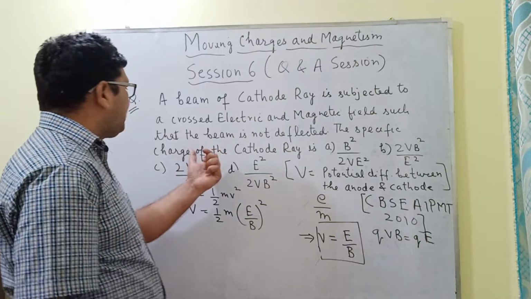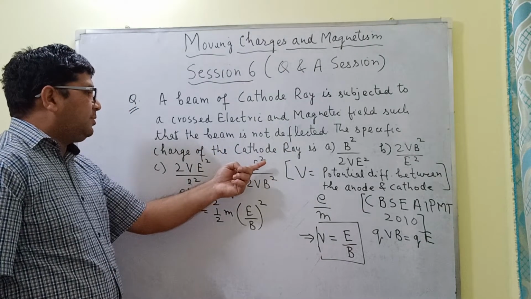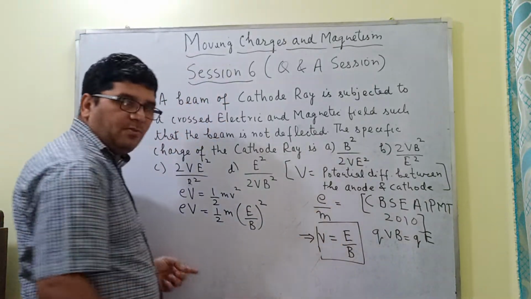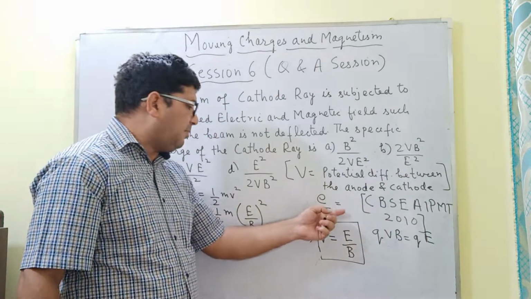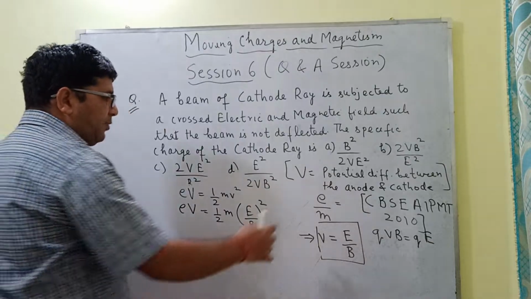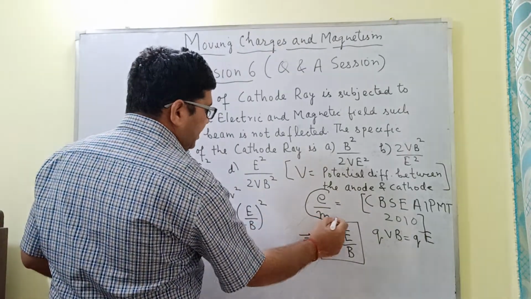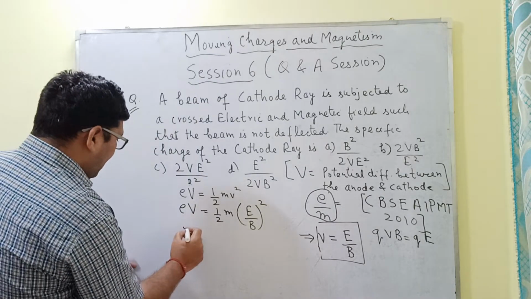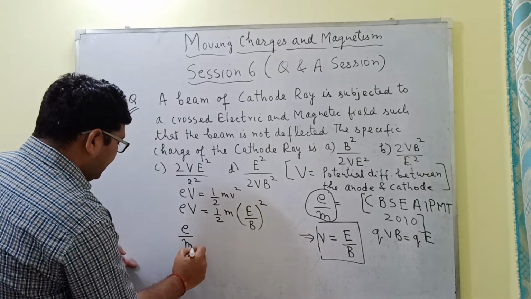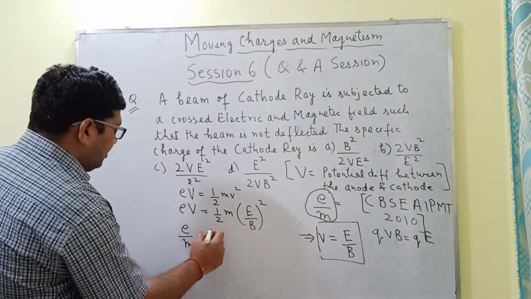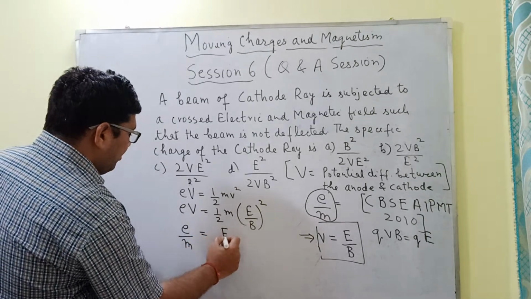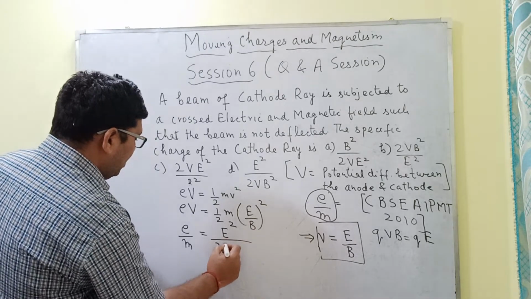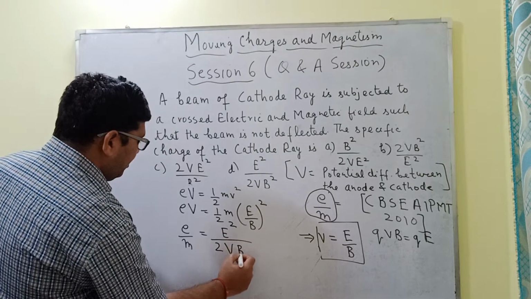Now the specific charge of the cathode ray is equal to e upon m, where e is the charge on the electron and m is the mass of the electron. So we have to find basically the value of e upon m. From this equation, I can write that e upon m will be equal to E square divided by 2VB square.